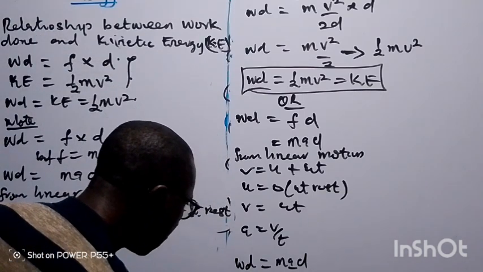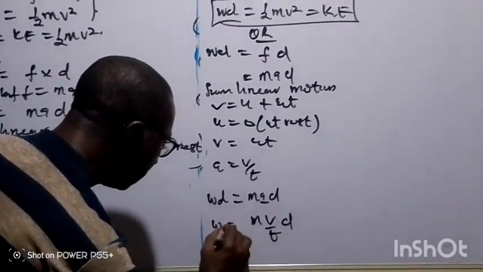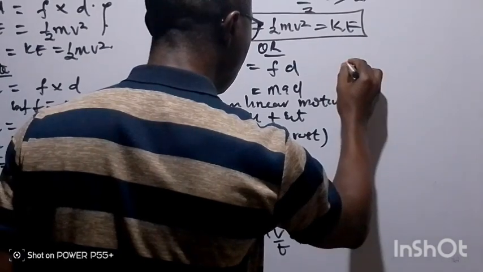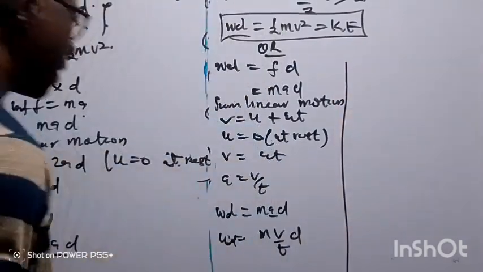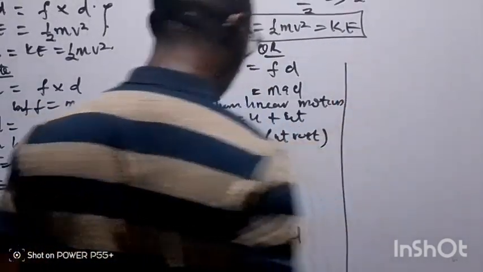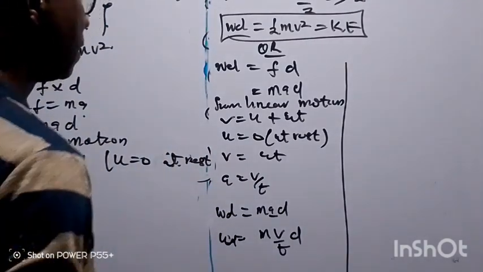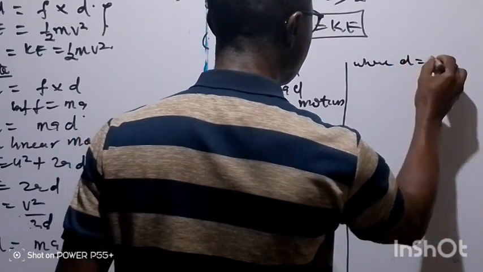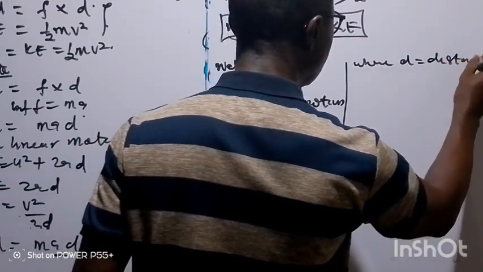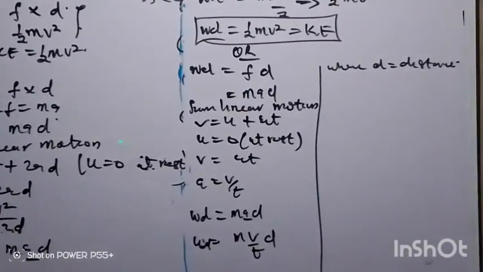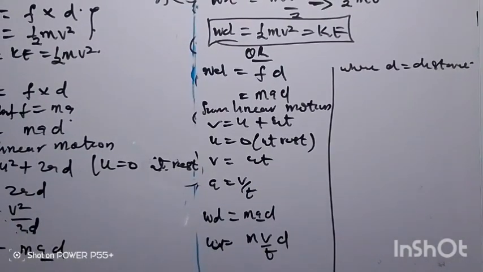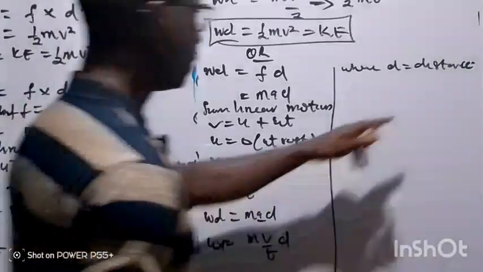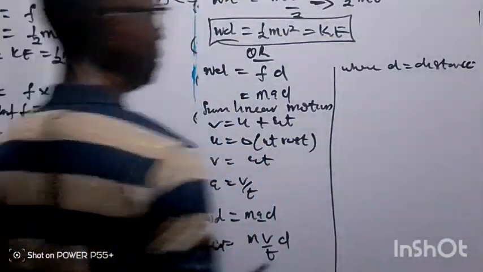Now, don't forget, this D here is the horizontal distance, that is the total distance.